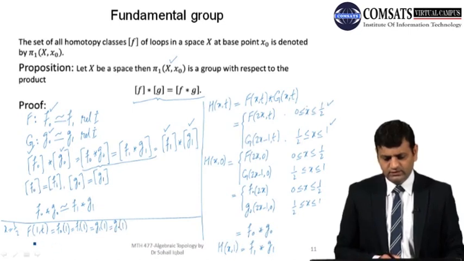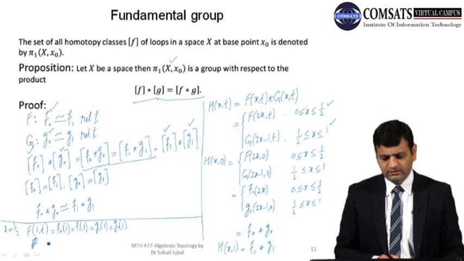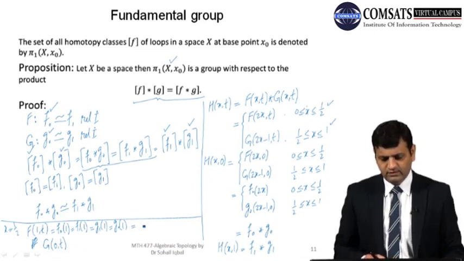And if we put x equal to 1 by 2 in G, we get g0 of t, which is basically the same as here. So in other words, they agree on the intersection.